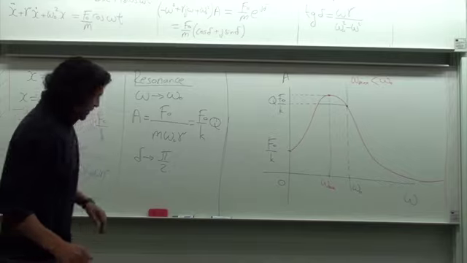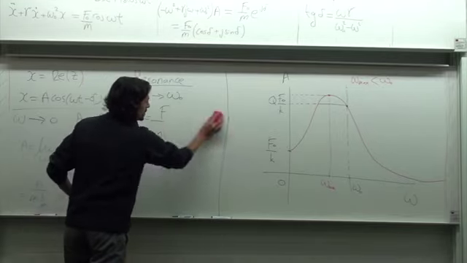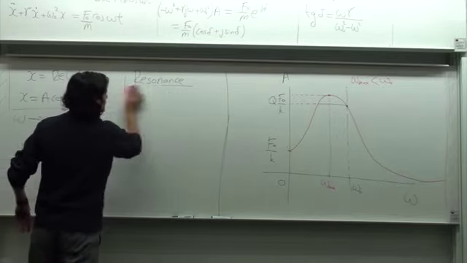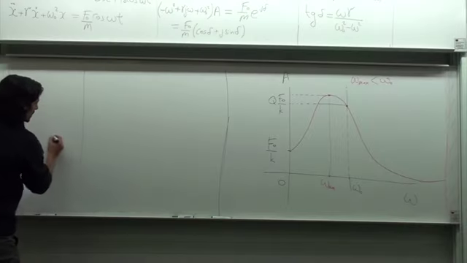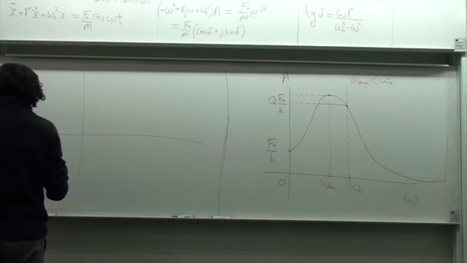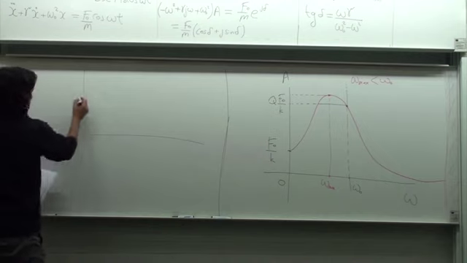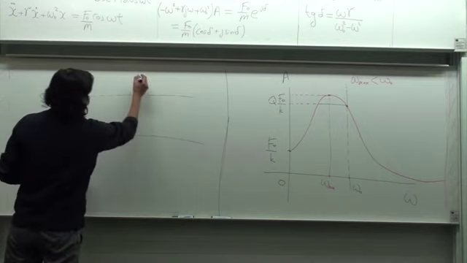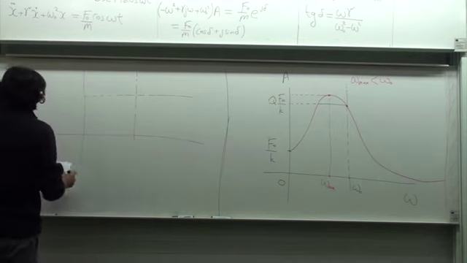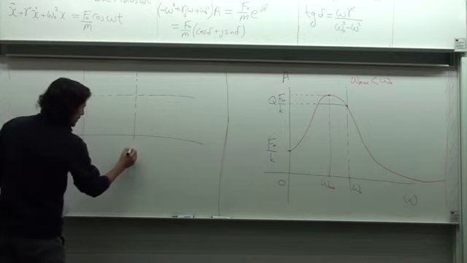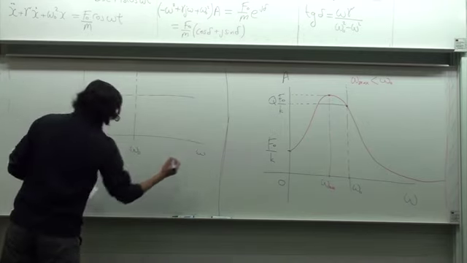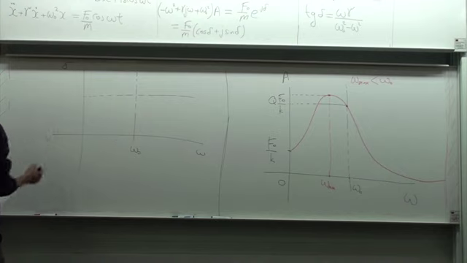Let's make another drawing here next to it for delta. In a similar way, this is omega 0, omega, now this is delta.